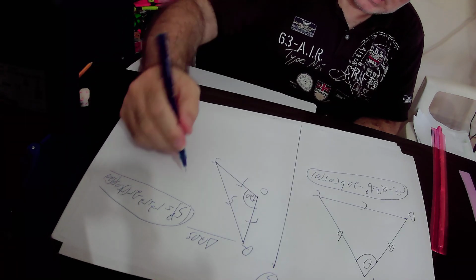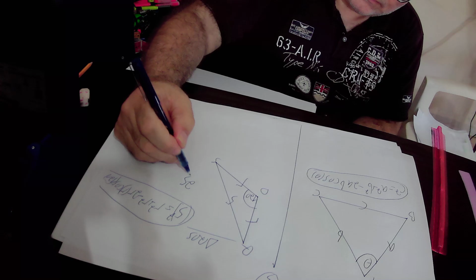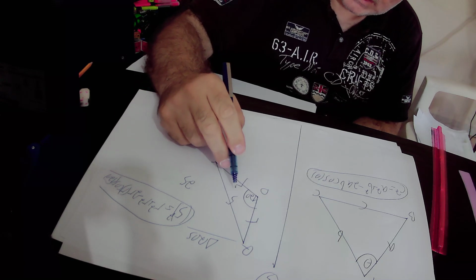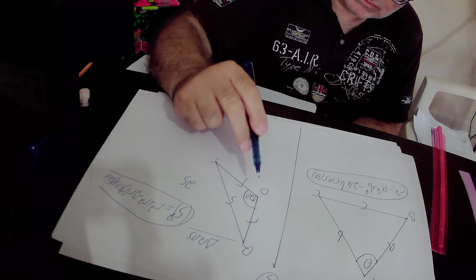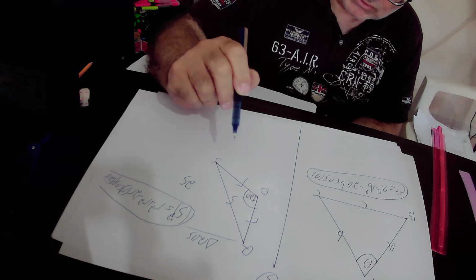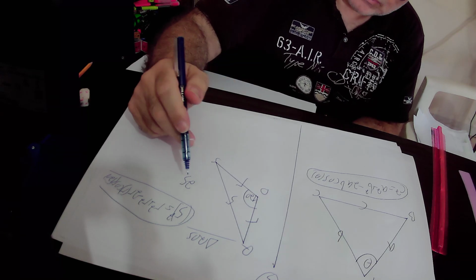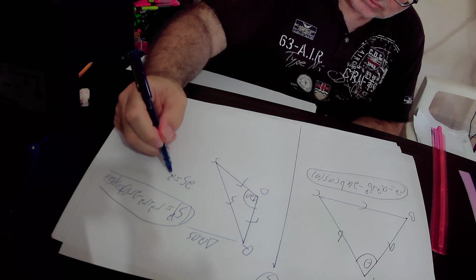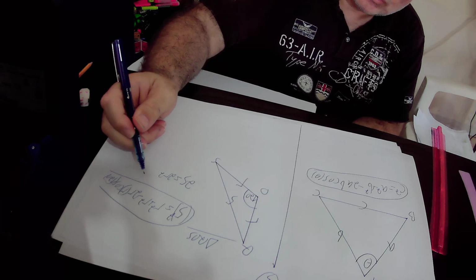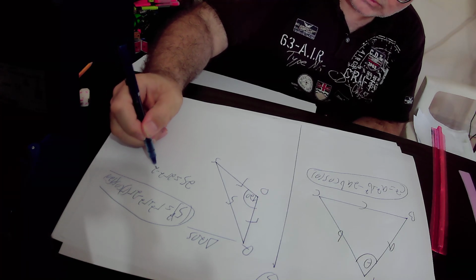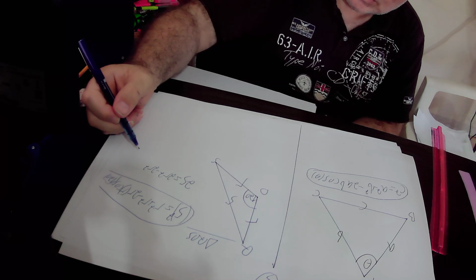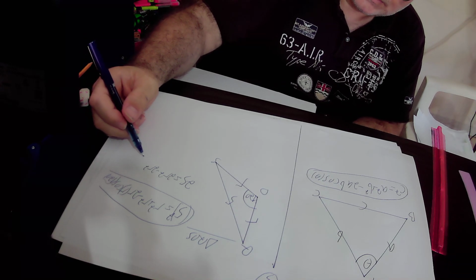So 5 squared is 25. R squared plus R squared is 2R squared, minus 2R times R is minus 2R squared, times cosine 120 degrees, which equals minus 1/2.